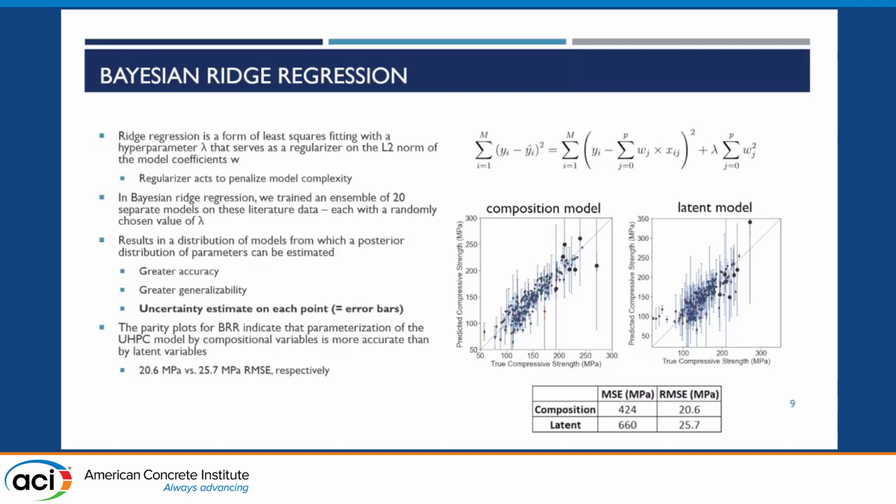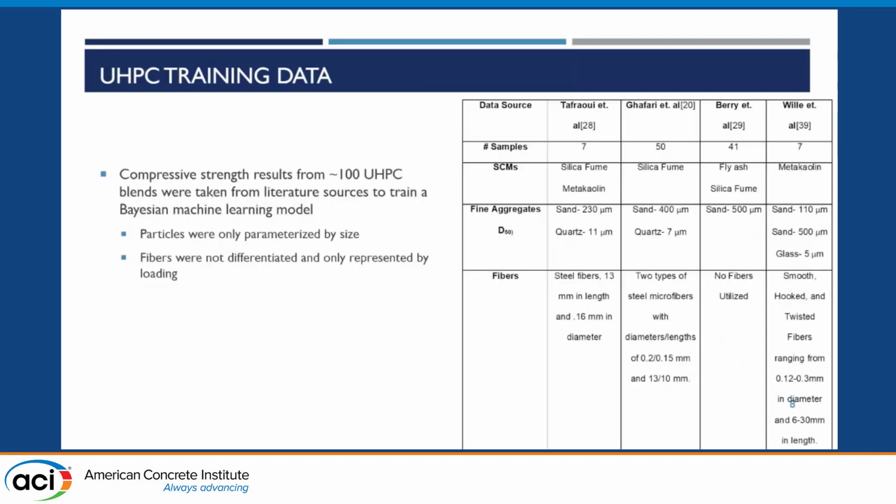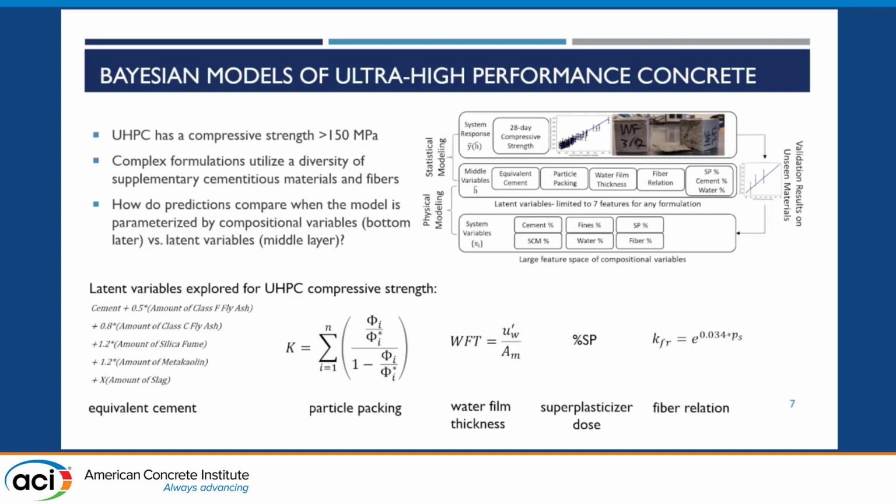And so, showing results from both the composition model and the latent model. The composition model means inputs are only compositional variables. Latent model means, as I showed in the previous slide, your inputs are coming from the bottom layer.